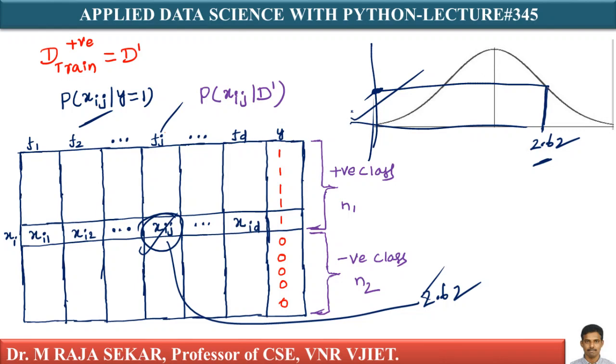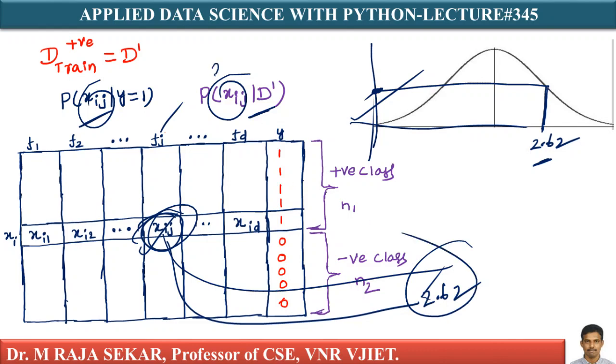If I have the PDF, I can obtain the probability of Xij given D dash from the PDF. If Xij is 2.62, I can find it from this probability density function.